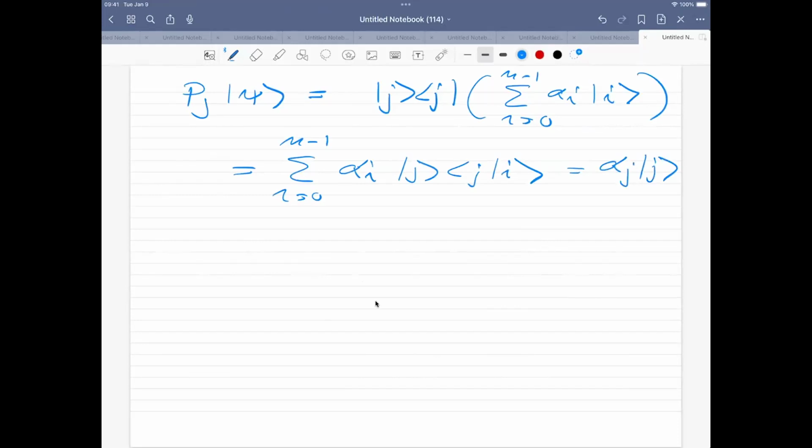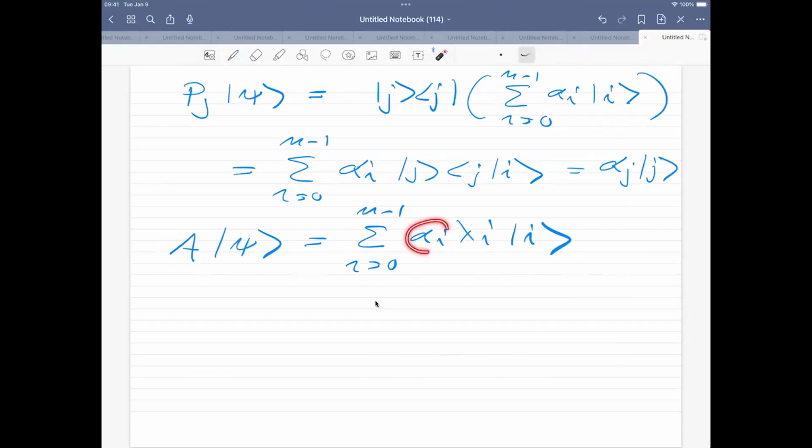So if I then act with this operator A on that state, just to remind ourselves of that, that is equal to the sum I equals 0 to n minus 1 of alpha I, lambda I, times the state I. We see now that this term, which we have here, could be recognized as the action of this projection operator.